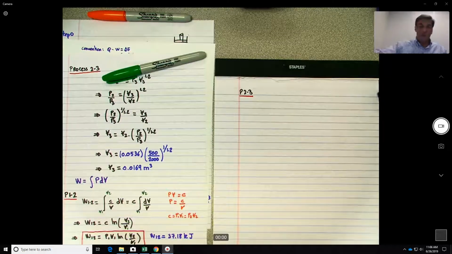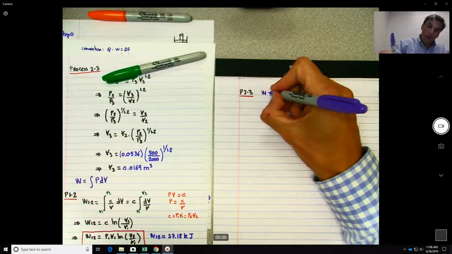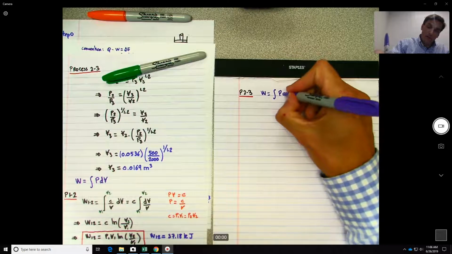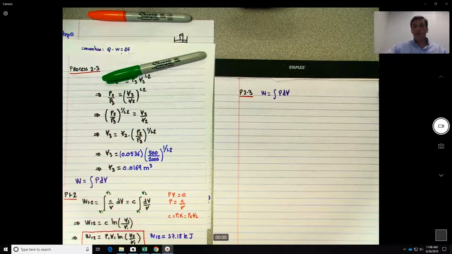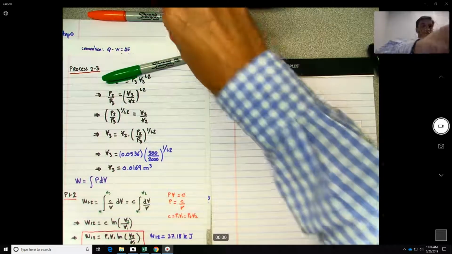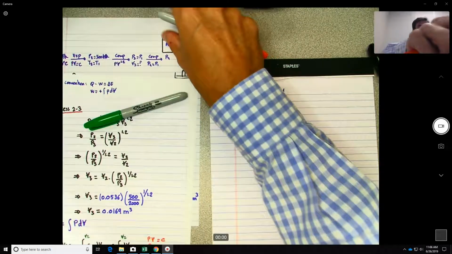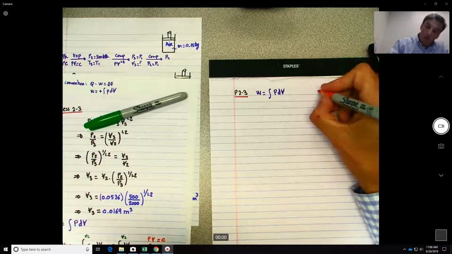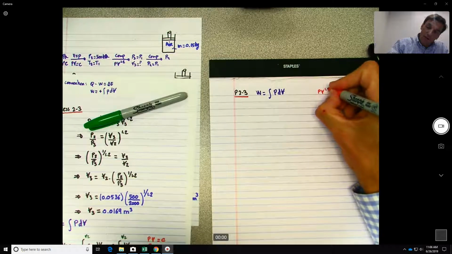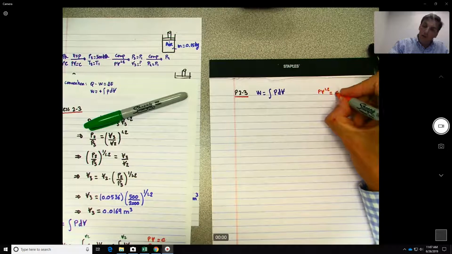So again, we use the equation work equal to P dV, and in this case between process 2 and 3, so I need to go back to my first page. 2 and 3 we know is a polytropic process, PV^1.2 equal to a constant.